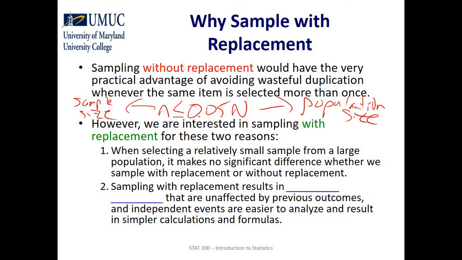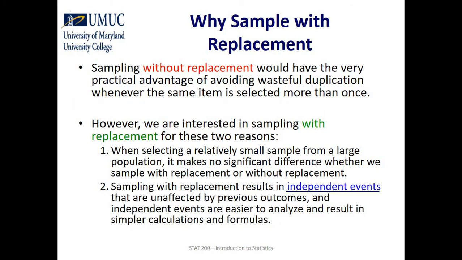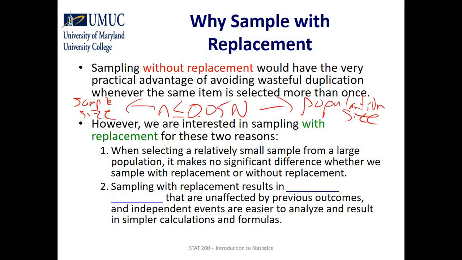If we have little n being less than or equal to 0.05 times big N, we can sample without replacement and treat it as independent events, and that's okay. So sampling with replacement results in independent events that are unaffected by previous outcomes, and independent events are easier to analyze and result in simpler calculations and formulas. So that's why we do that. But remember, we can treat these as independent events if we have this as well.